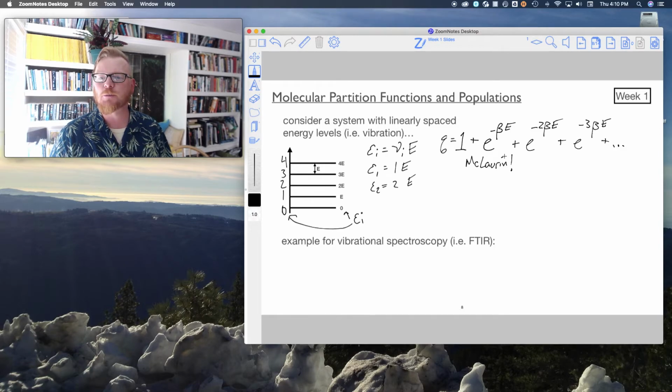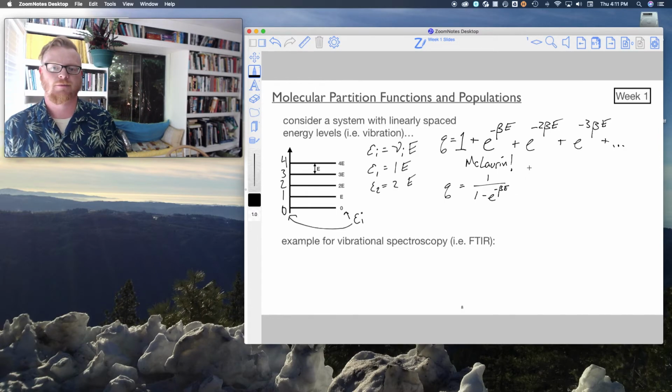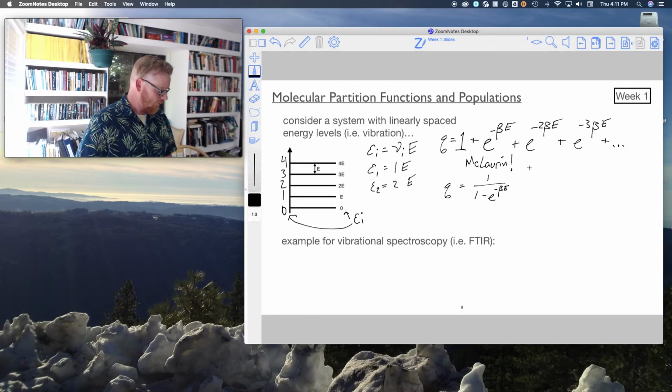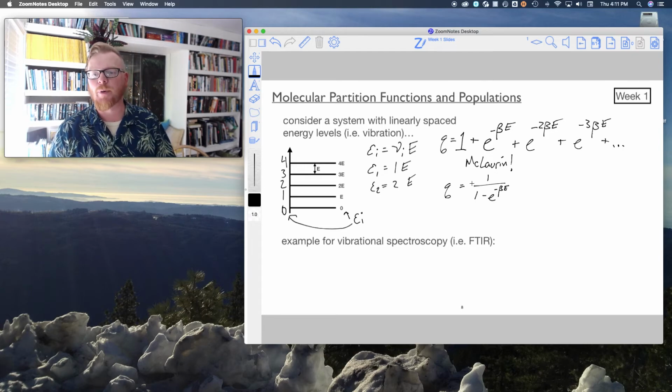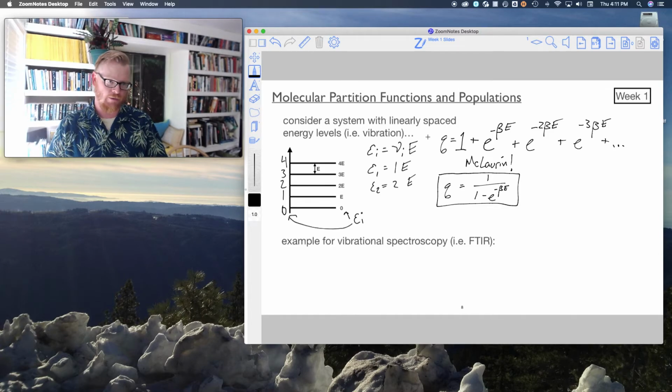In this series expansion, I can write the partition function Q as 1 divided by 1 minus e to the negative beta E. And this would be a partition function for a system with linearly spaced energy levels.